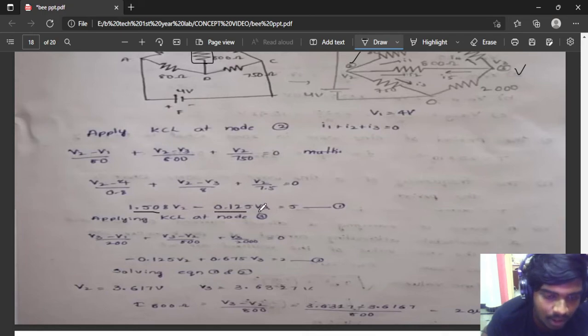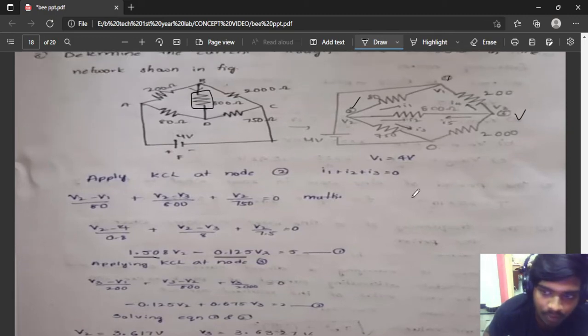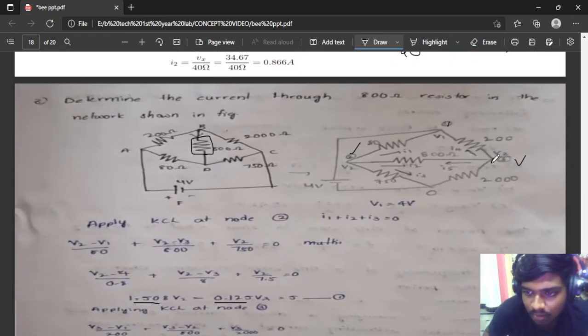we get 1.508 V2 minus 0.125 V3 equal to 5, and same we are also applying at node 3.